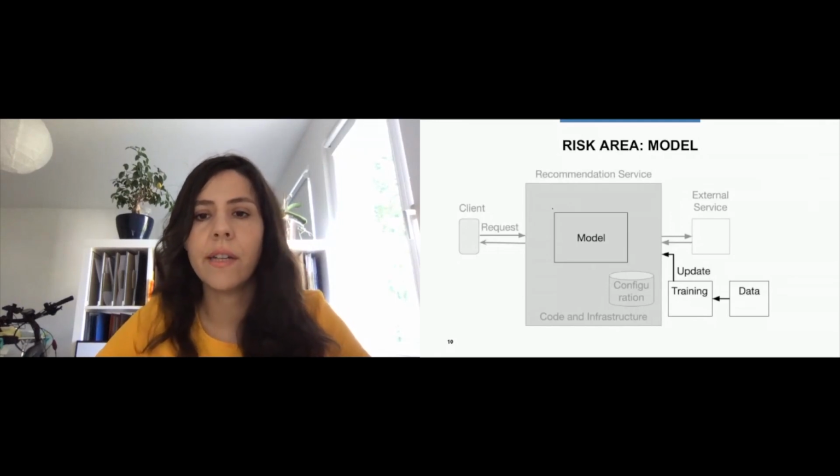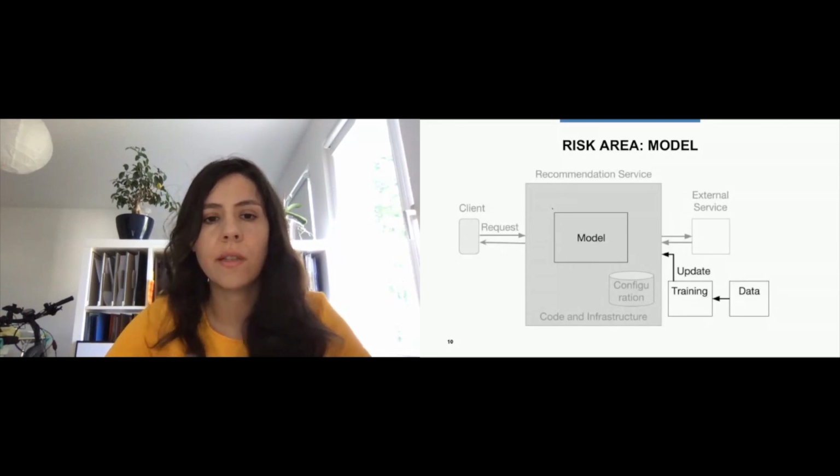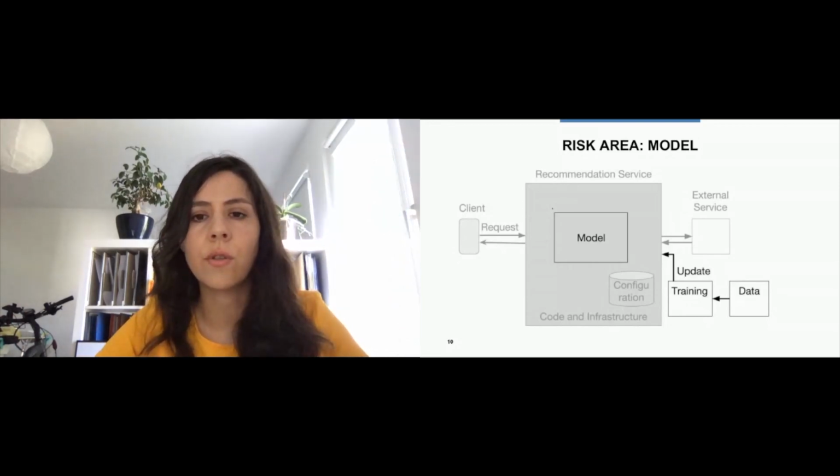Next risk area is an external service that you're calling. For example, we had a case where we had an enrichment service for meta information, so something that you feed into your model or into your business rules. For example, you might get prices, or you call another machine learning model that gives you a personalized size recommendation.